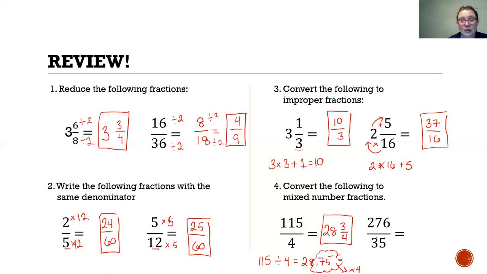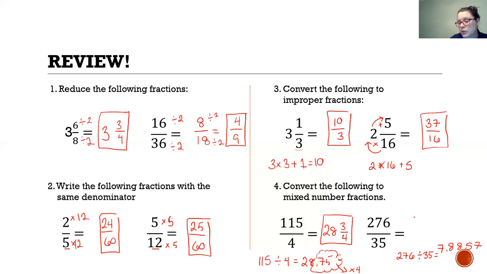276 over 35. This one's just a nasty one. We're going to see lots of nasty ones today. So let's do the same thing. 276 divided by 35 leaves us with, I didn't write the number down, 7.888857. I always keep extra decimals.